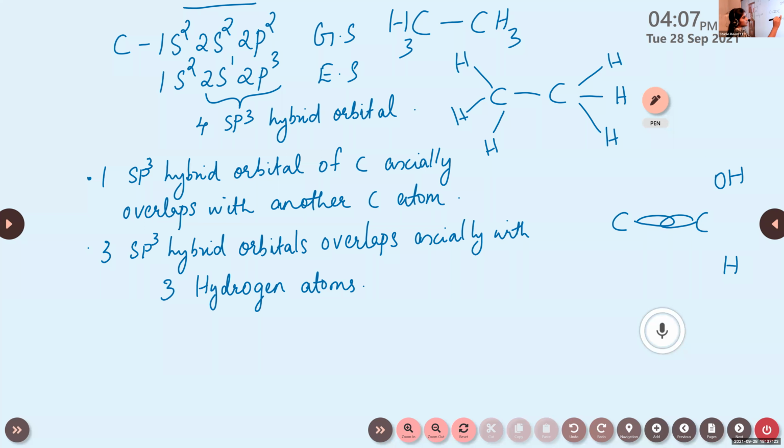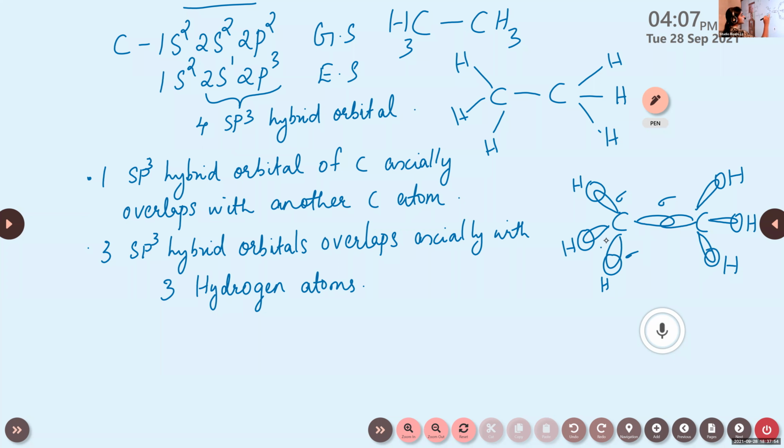So they are spherical in shape. Each sp3 hybrid orbital of carbon will axially overlap with the orbital of hydrogen. Similarly, in the second carbon also, the same thing happens. Each overlapping will form a sigma bond.